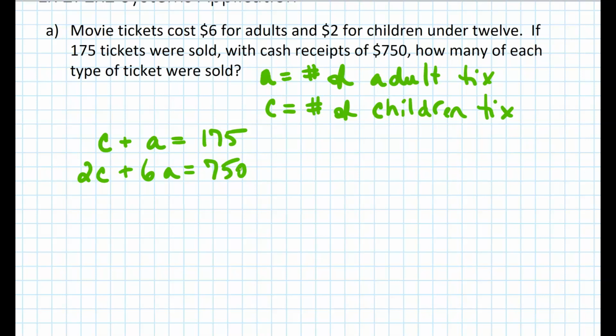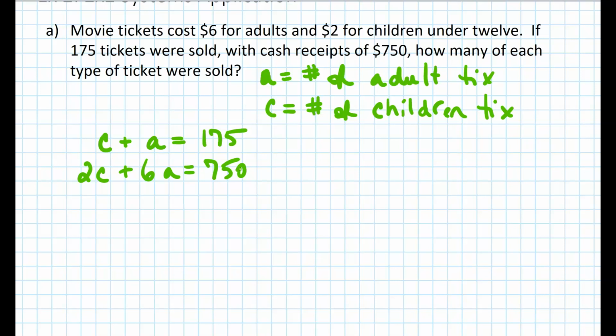Okay. Do we now have a 2-variable system? Yes. Okay. So whenever you are setting up your equations, you always want to make sure that whatever unit you have on the left matches the unit on the right. So our first equation, the unit on the right is 175 tickets.